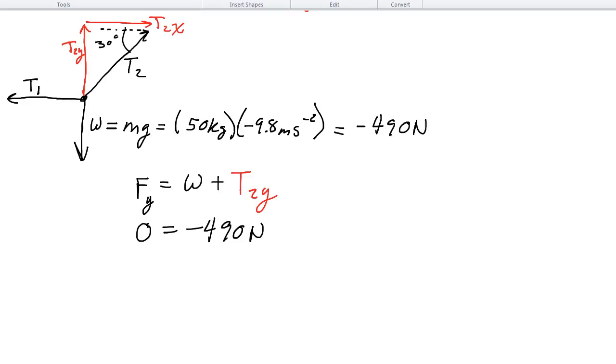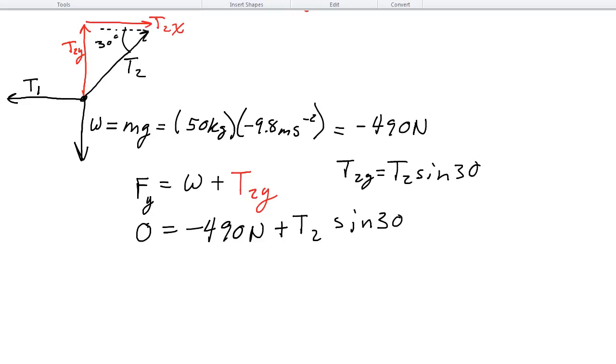My tension T2y, if we look up here, I see that I have a 30-degree angle, and so I can do opposite over hypotenuse and solve for this, and I can see that T2 sine 30 should give me T2y. So T2y is equal to T2 sine 30.